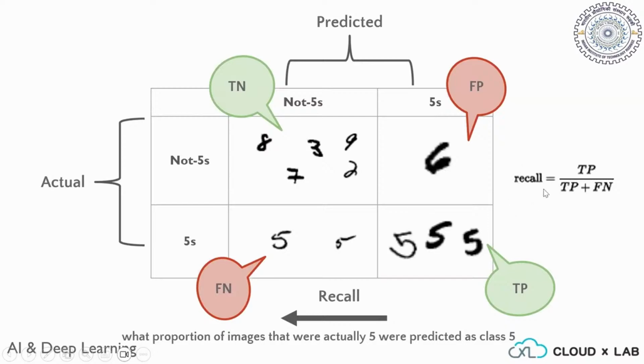So recall is a ratio where we are calculating recall using true positive and false negative. Recall is true positive divided by true positive plus false negative. This ratio tells us what proportion of images that were actually five were predicted as class 5 by our model.